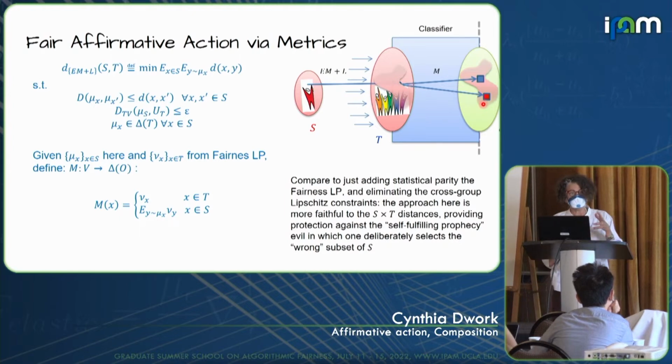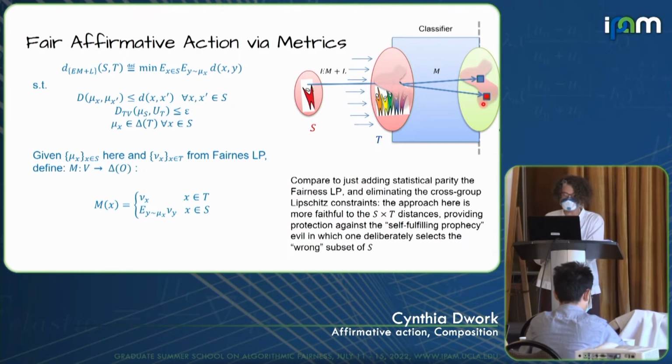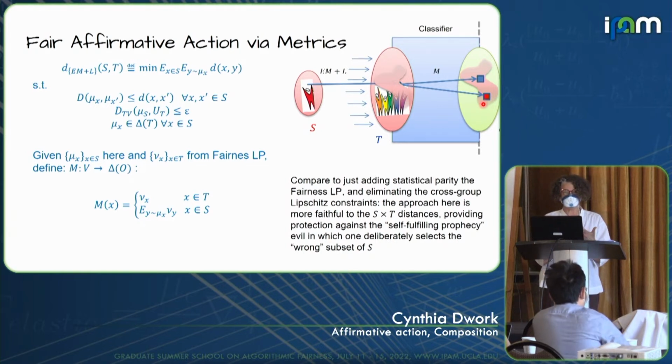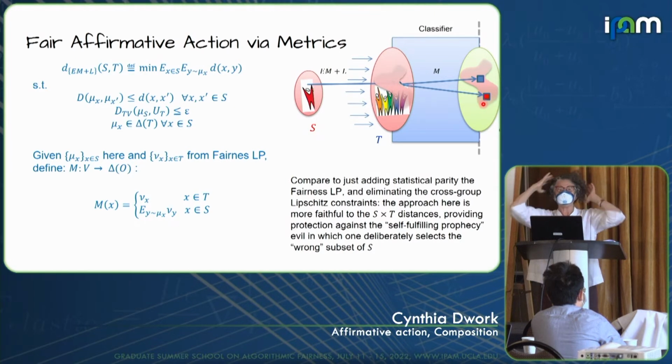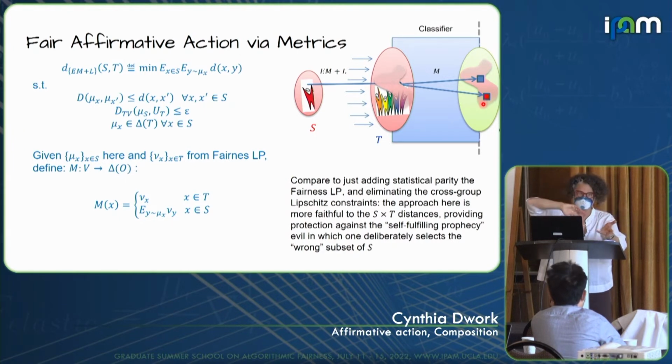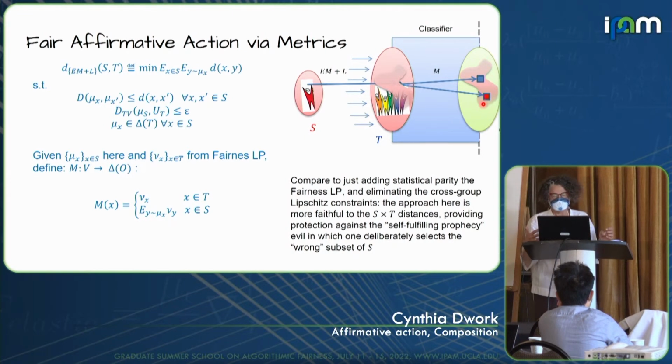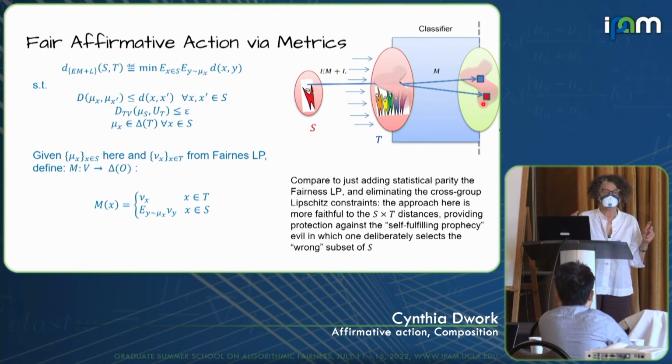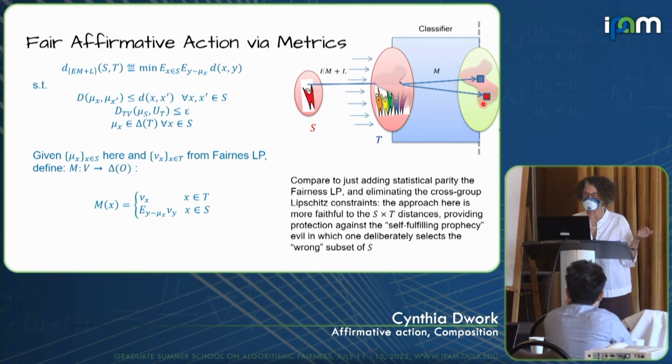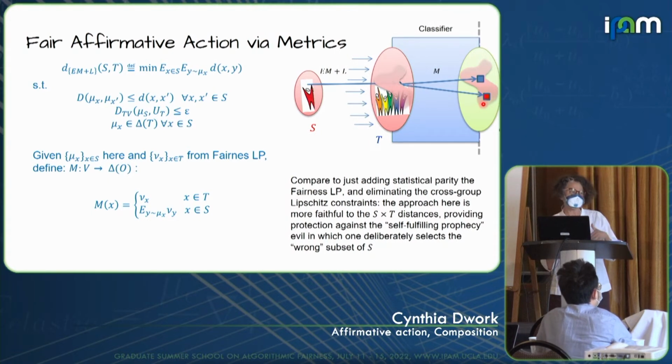If you compare what we chose to do to that approach, we have more faith here to the S cross T distances. If you look in the paper, you see some very, very weird things happening that don't happen in this case. And we end up providing protection against this sort of self-fulfilling prophecy that I might have talked about in the catalog of evils, in which one deliberately selects the wrong subset of S and then says, see, these people didn't perform. So this gets ruled out.